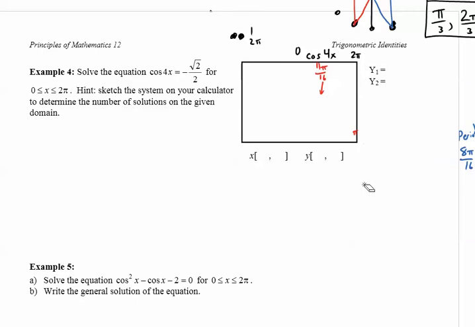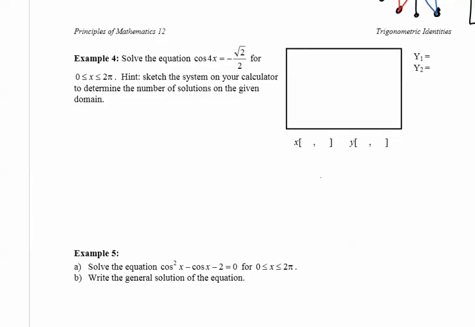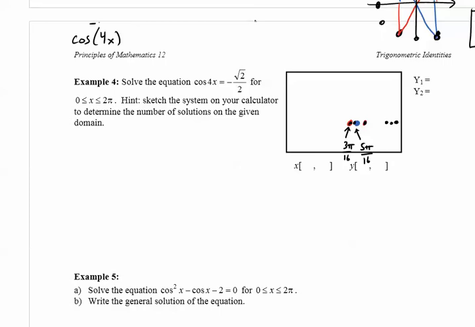So now what if there is a multiple angle? So cosine 4x equals negative root 2 over 2. And we can do this without the calculator. Okay. Remember from the transformations unit that cosine 4x really means that the cosine function has been taken and compressed 4 times horizontally.